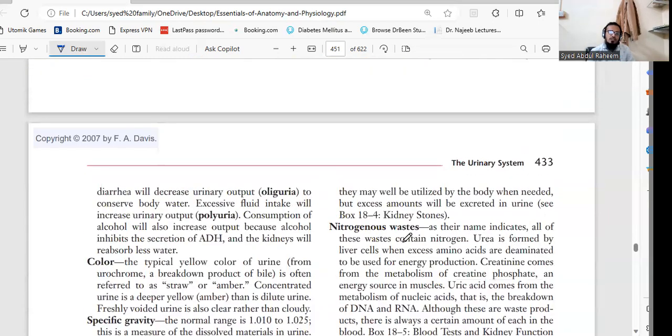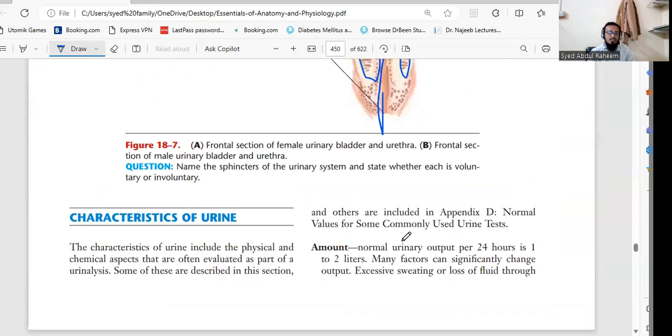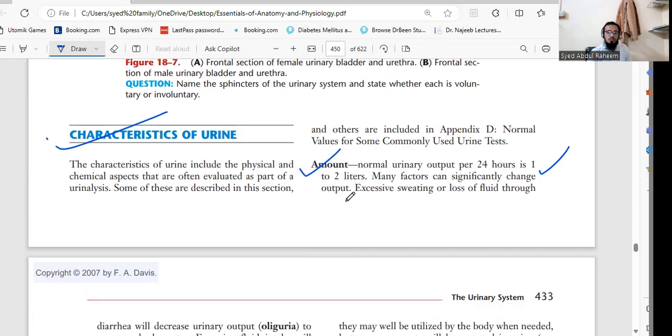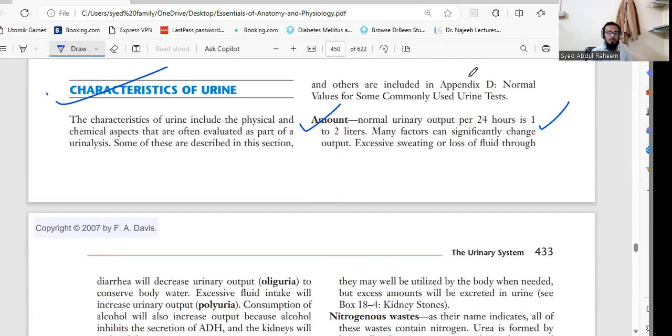Now, what are the characteristics of urine? How much amount do we urinate daily? Here 1 to 2 liters is the normal output of urine. Some factors will change it. If you drink less water, you will get less urine. If you drink more water, you will get more urine, so it depends upon fluid intake and fluid loss.